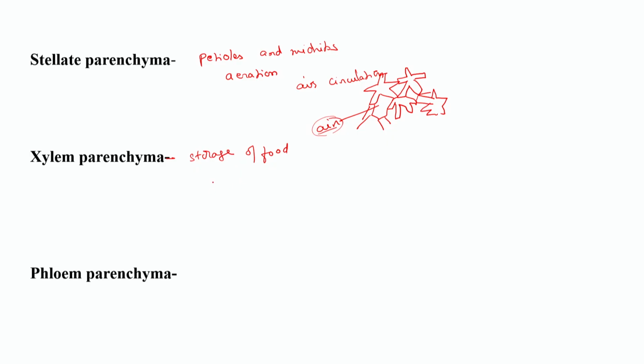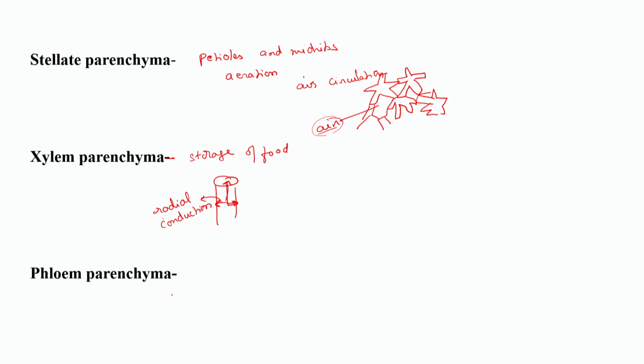See, xylem is a tissue which is involved in axial conduction, but definitely to the lateral organs also you require that water should reach. So in that condition, this is the axial conduction, and on the sides also you want that the water should reach. So in that case, this xylem parenchyma comes into picture and performs radial conduction.